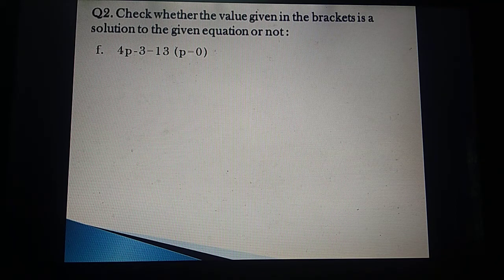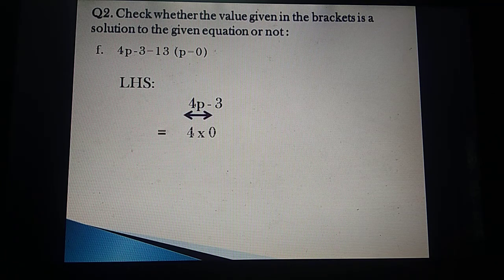For 4p minus 3 equals to 13, for p equals to 0. We will replace in the LHS p by 0. 4p means 4 into p. You will replace it by 4 into 0 minus 3. Solve 4 into 0. What will you get? Yes, 0 minus 3.